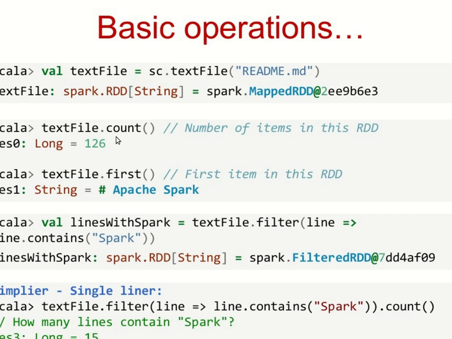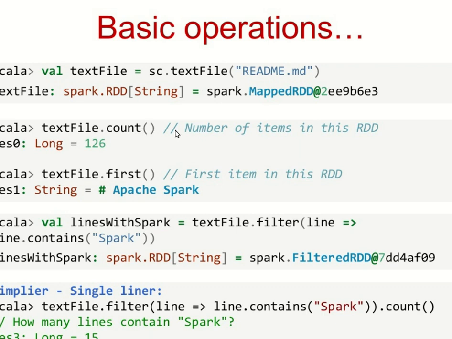Some basic operations: load a text file, which in return will give you an RDD. You see, here we access the Spark context. This is like our entry point into Spark, and it returned an RDD. Today we're using data frames and datasets. And you can do count.